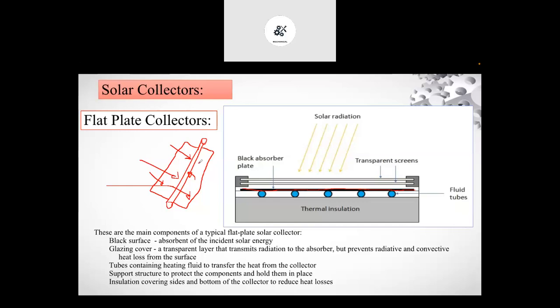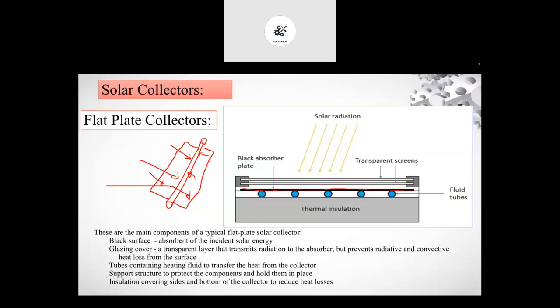Sometimes it is also called a film, very similar to a film. The radiation is incident on that sheet or film, and that energy is transferred through conduction to the liquid flowing through the tube.